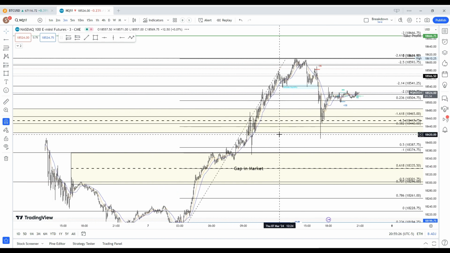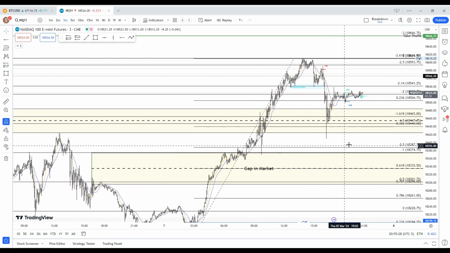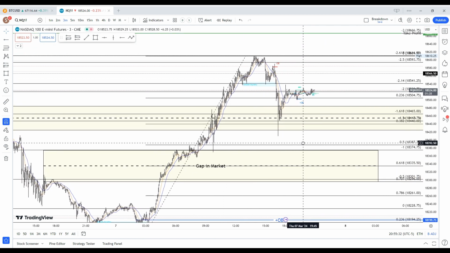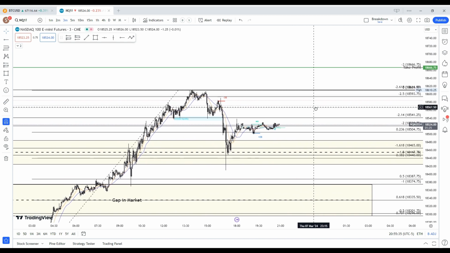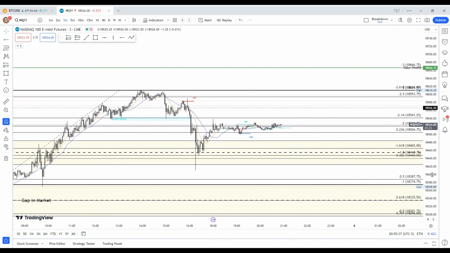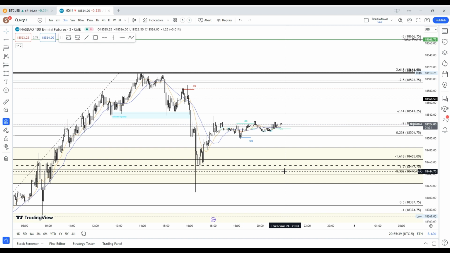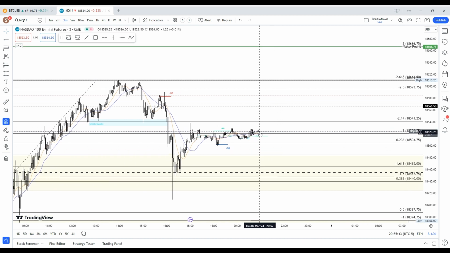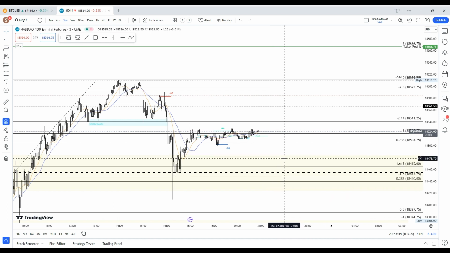So we're already respecting this daily inverse here. I'm not quite sure when this gap will get filled, but I don't think it'll particularly happen anytime soon. I mean, unless we inverse this daily fair value gap again, we might have something come back, respect it, this area.